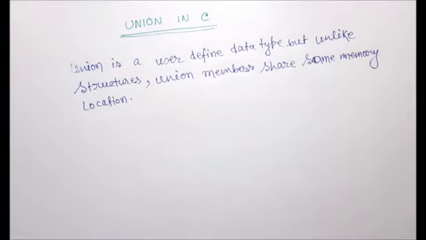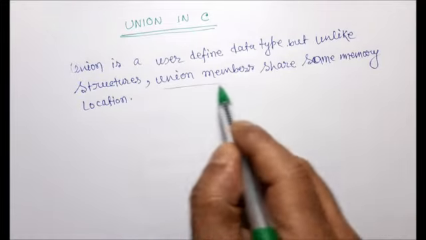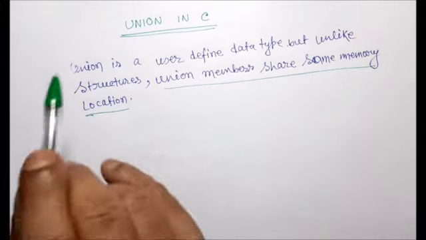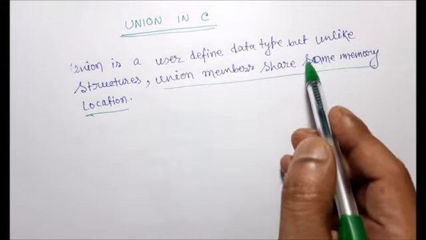Please make a note on this point. Union members share the same memory location. And the first point is union is a user defined data type.